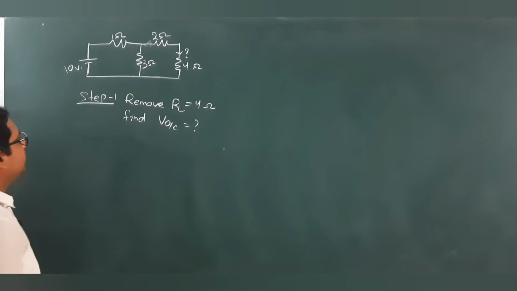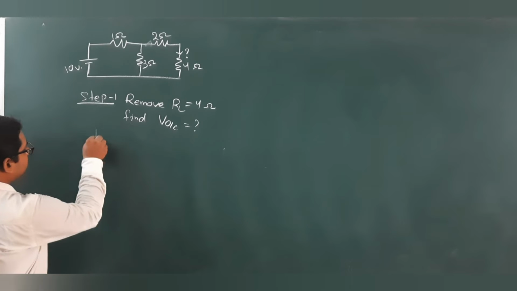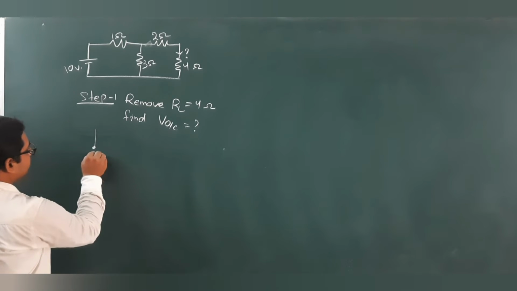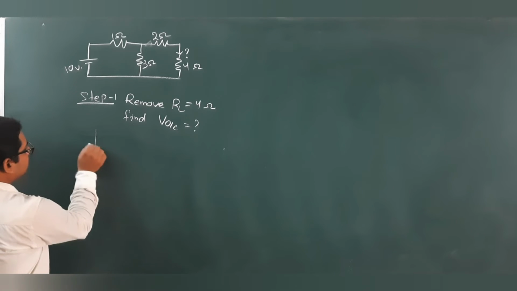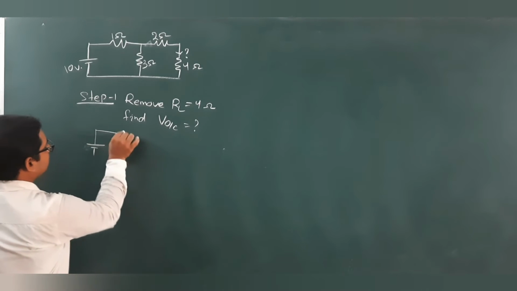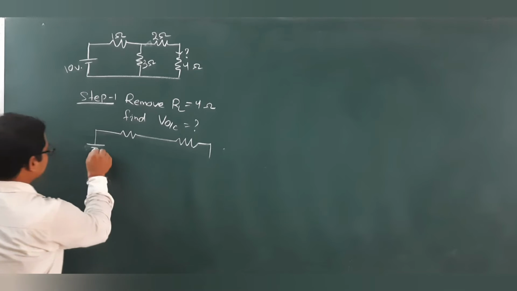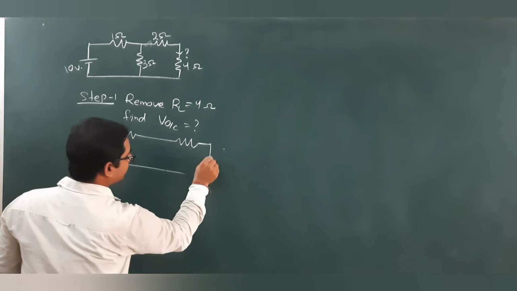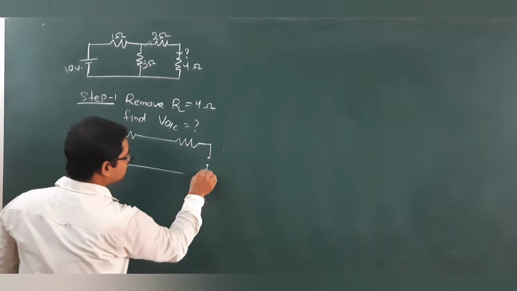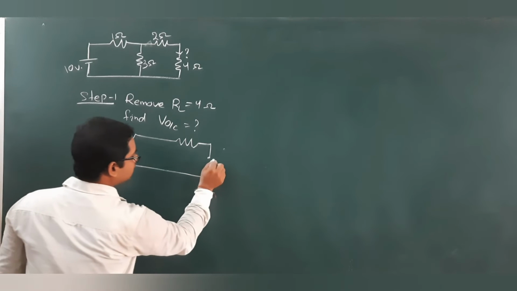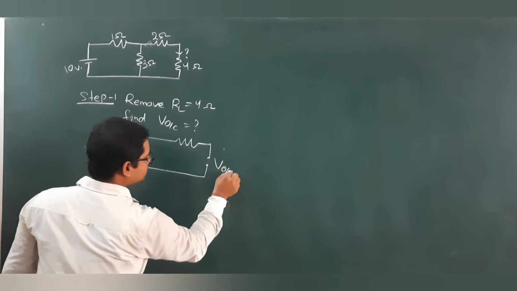The diagram will be somewhat like that. We have removed the resistance part, and we are finding out your VOC here.